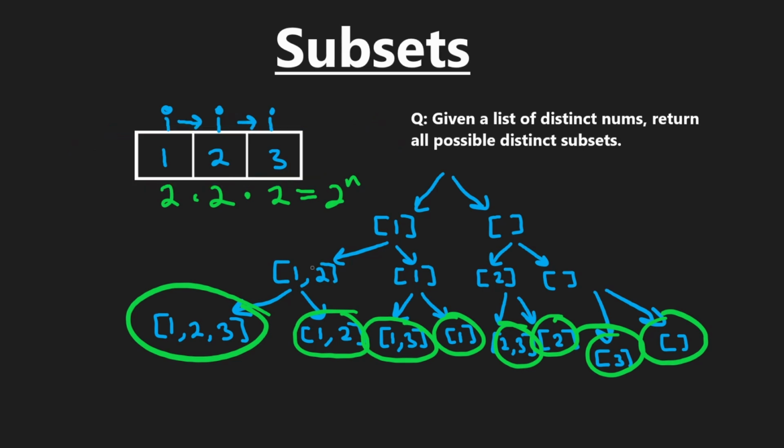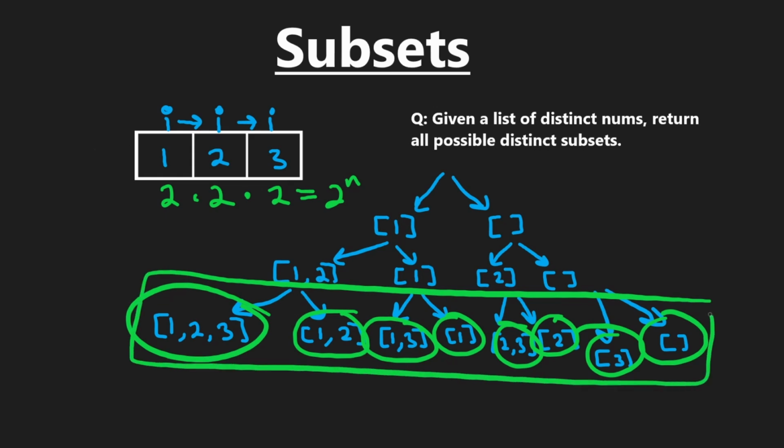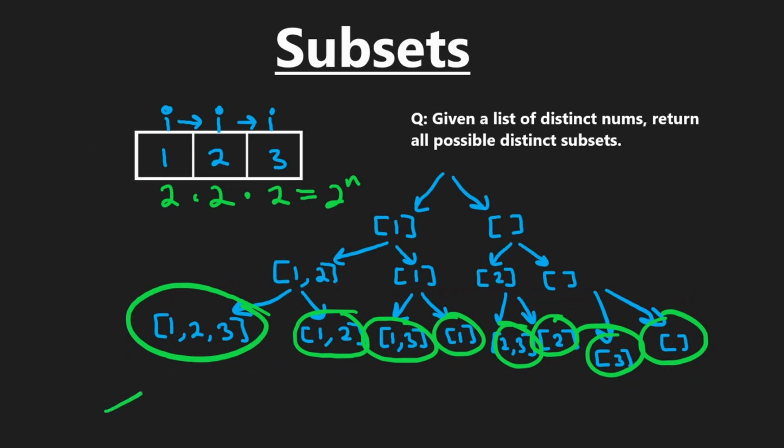So does that mean that that's also the time complexity, because this is how many subsets we have to generate? Well, not quite, because for every single subset, we're going to have to build it. These are going to be separate arrays. We can't just reuse the work we did over here, because our result is basically going to be a big list, and these are going to be the sub lists. So we're going to have a nested array, and each of these children are going to be separate.